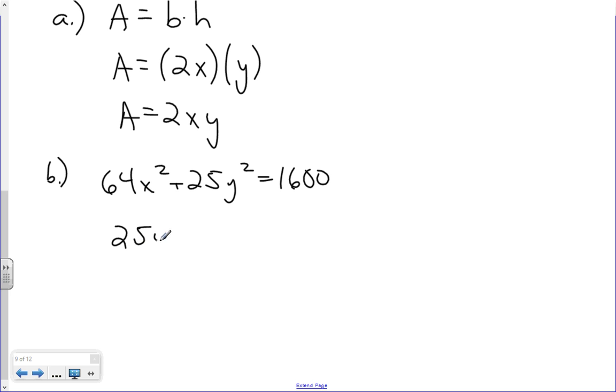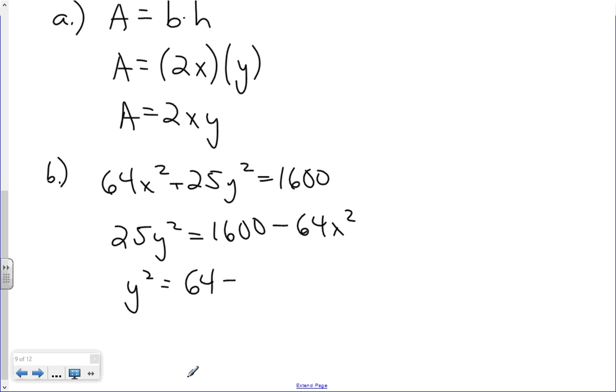I'll have 25y squared is equal to 1600 minus the 64x squared. Divide by your 25, so we have y squared is equal to 1600 over 25. That turns out to be 64. We've already done that arithmetic earlier. And then 64 over 25, I think I'll just leave it as that. 64 over 25 times the x squared.